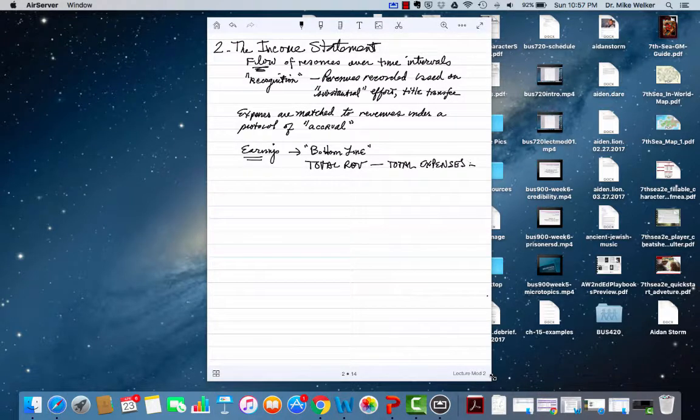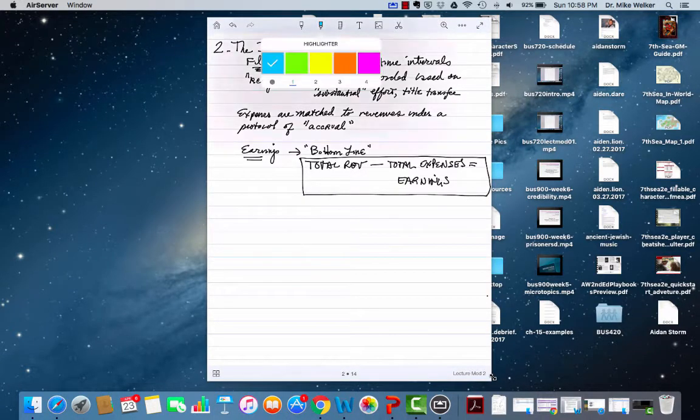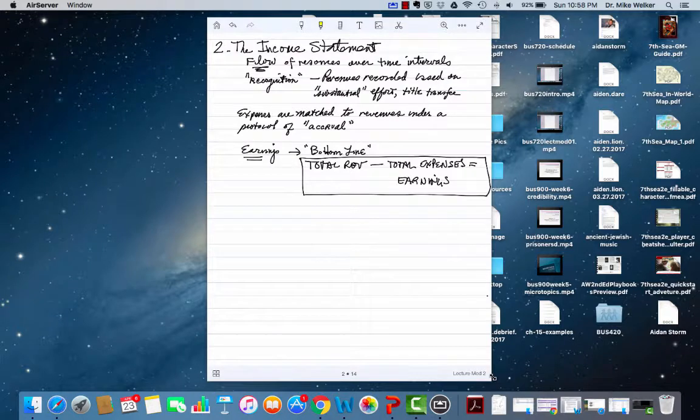That equals earnings. So this is really the essence of the income statement. That equation makes the whole process seem very simple. The process looks simple.